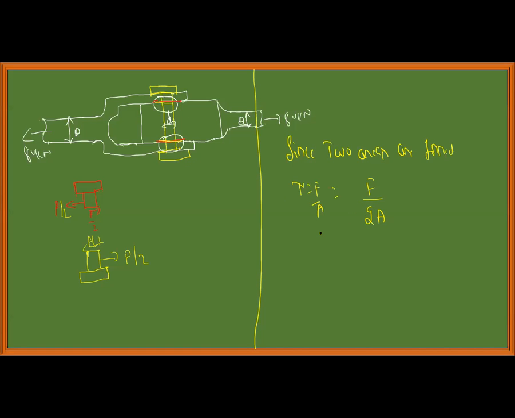Since two areas are formed, I don't recall this F by 2 concept. I'll let you know in the next class. What Beer Johnston says is that F by 2 is taken, and he will take some equivalent force. I'll let you know in the next class. But generally, since two areas are being shared here, the upper part and lower part, therefore F by 2A. This is known as double shear.